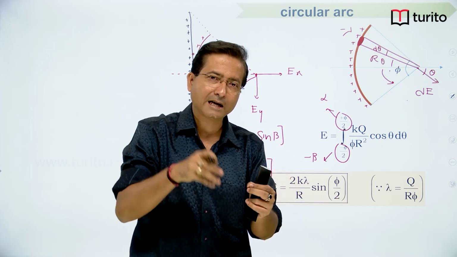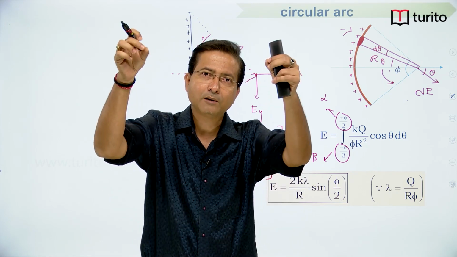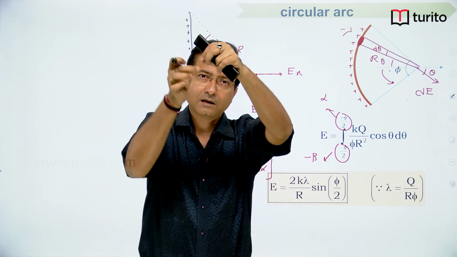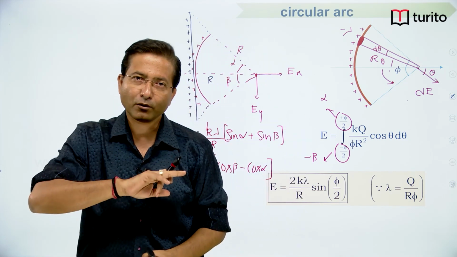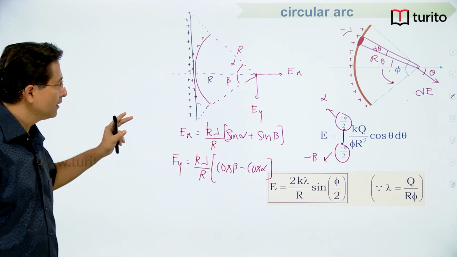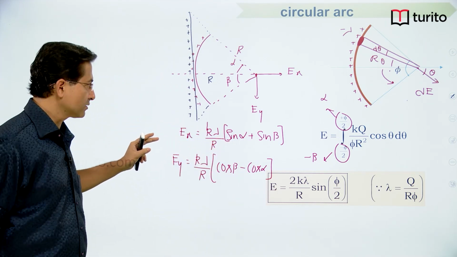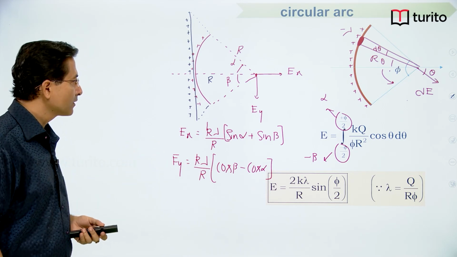So the formula of ring can be used for such type of distribution where 3 particles are placed at the triangle or 4 particles are placed at the square. So the same formula can be used for all new situations where the distribution of charges is symmetric about the axis.